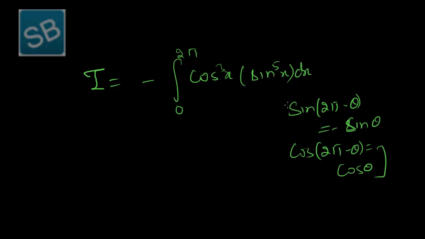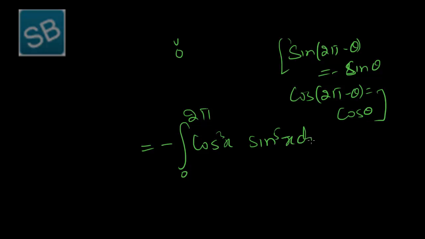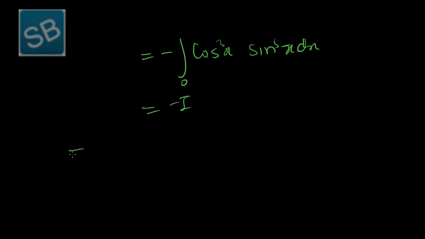By using this, we get I is equal to this. So we get minus of integral 0 to 2 pi cos cube x sine raised to power 5 x dx, that is minus of I. That is, we get I is equal to minus of I. That implies 2I is equal to 0.